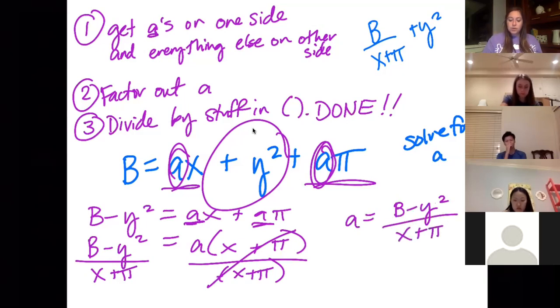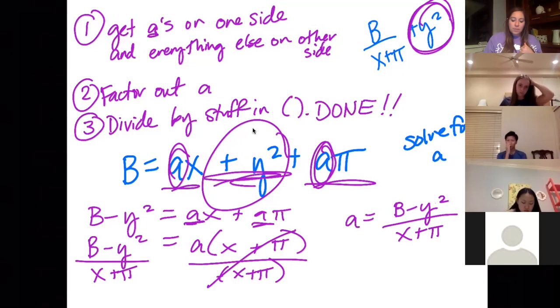So Roger, you're super close with this, but I think you moved the y squared over after the fact, but I needed to do it at the beginning, because if my y squared were still over here, then I wouldn't be able to factor out an a because this doesn't have an a with it.